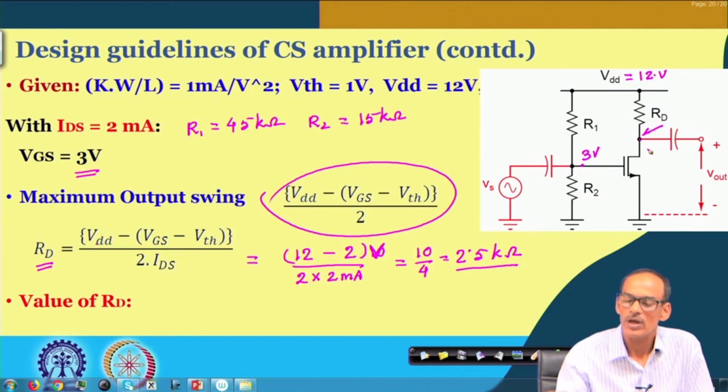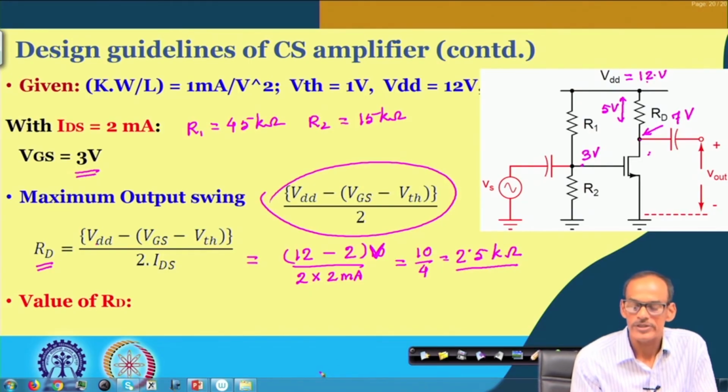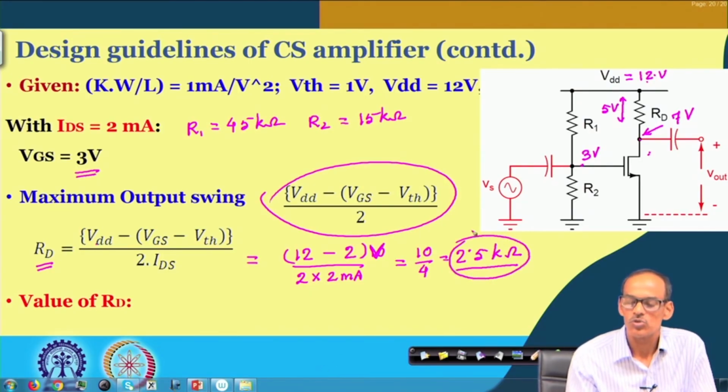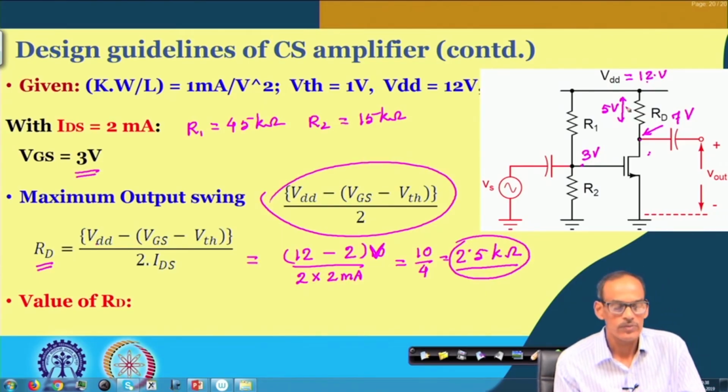So, the upper and lower limit, we would like to place it at the middle of 12 volt and 2 volt, which means the average of that is 7 volt, and the drop across this resistance to get this DC voltage of 7 volt. So here we require 5 volt and 2 milliampere of current is flowing, and hence 2.5 kilo ohm will give us the drop across this RD equal to 5 volt.